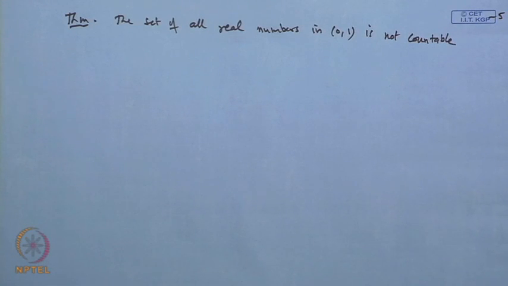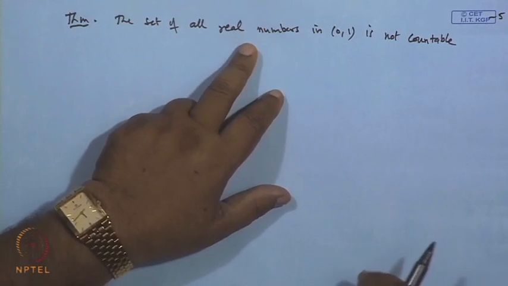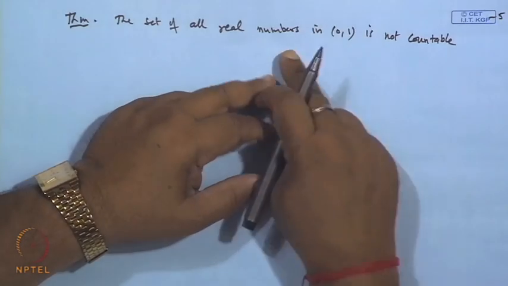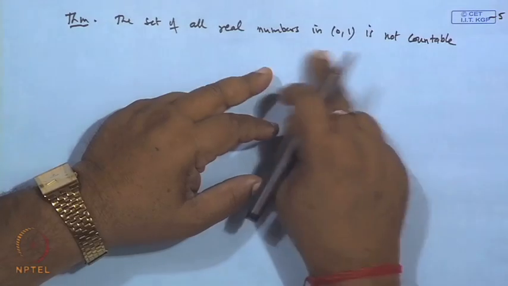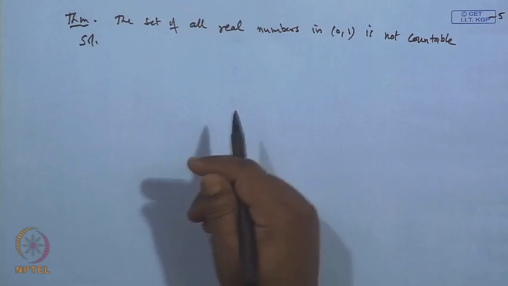So, the concept is that all infinite sets need not be countable. This is one of the examples where the set of all real numbers lying between 0 and 1 forms an infinite set, but this set is not countable. The reason is like this.